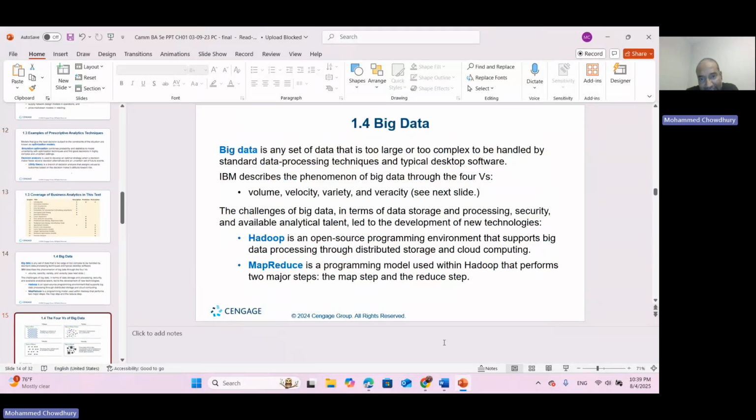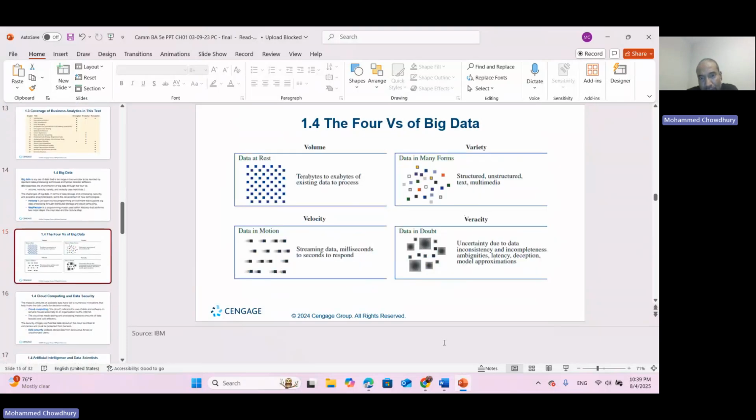After that, take a look at what volume means. Volume means terabytes or exabytes of existing data to process, so very big data.